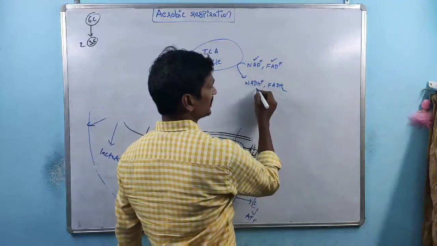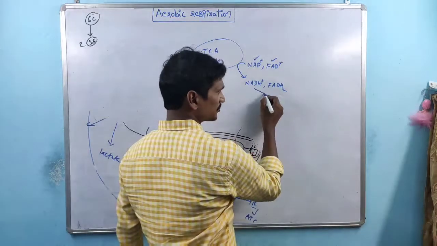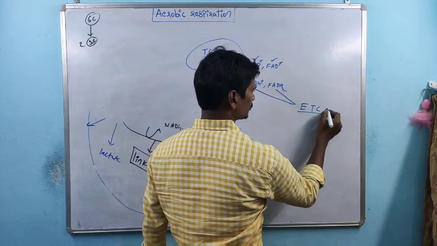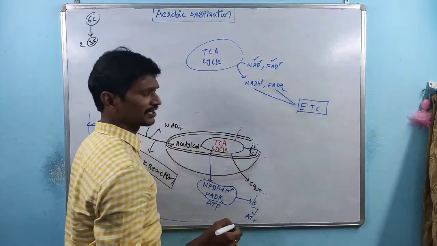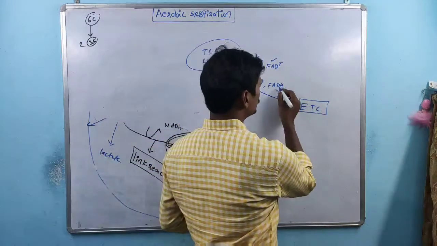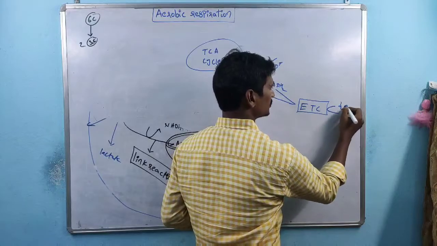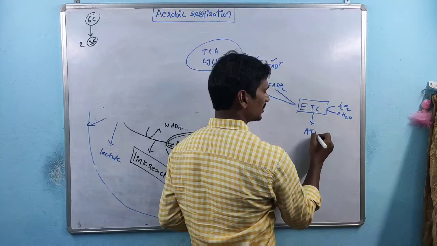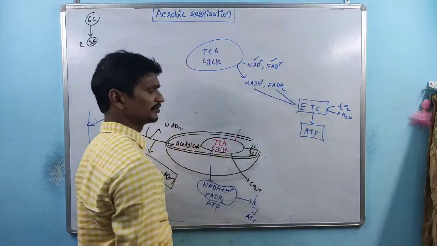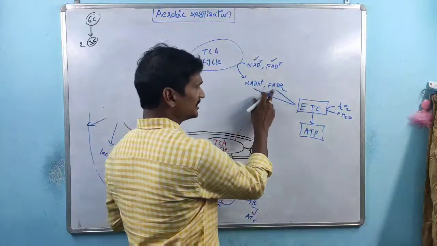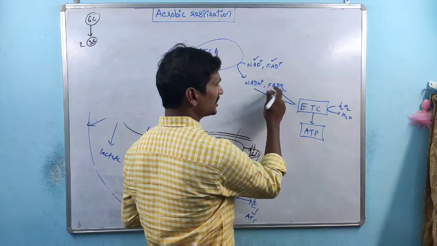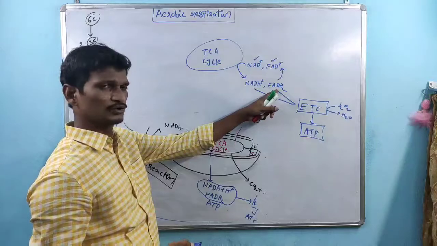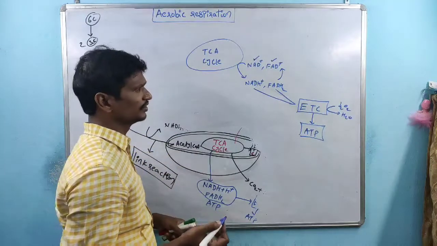When these are available, the NADH plus H plus and FADH2 interact with the electron transport chain. In the presence of oxygen, these high energy compounds are converted into ATP.